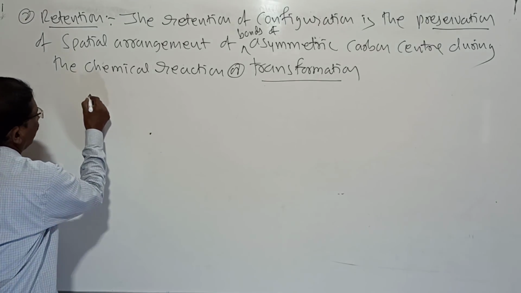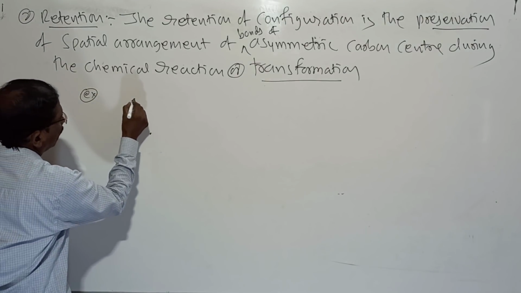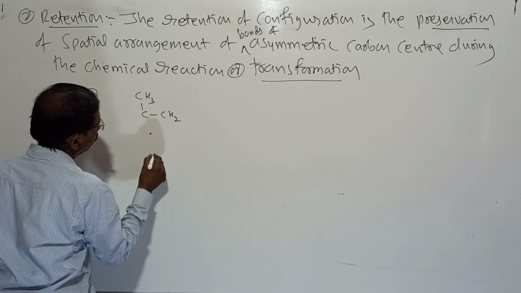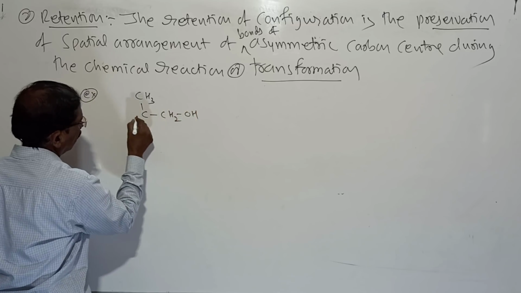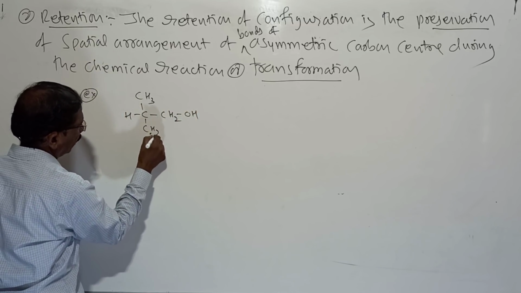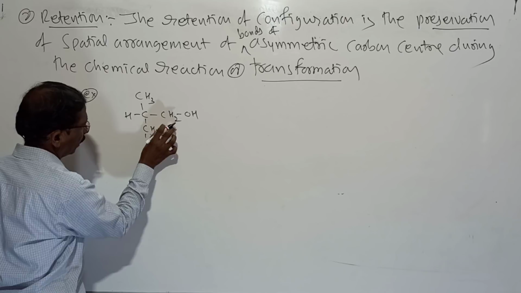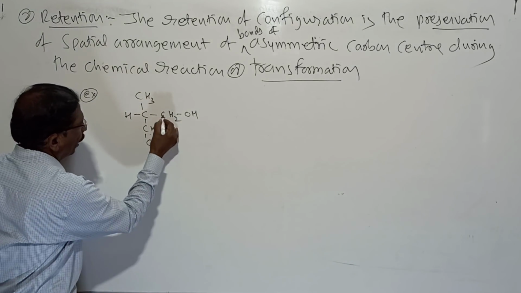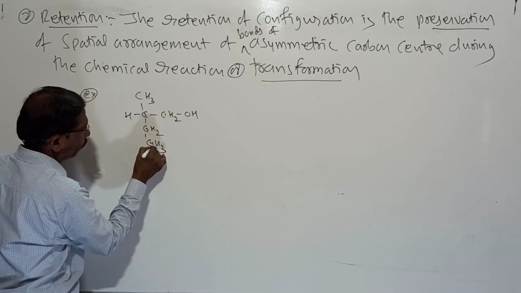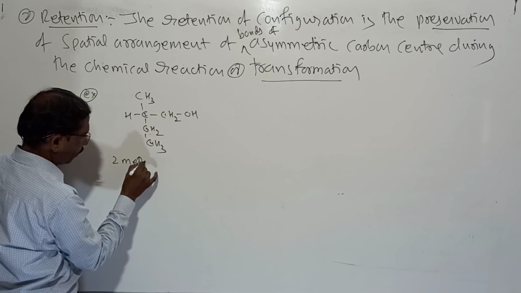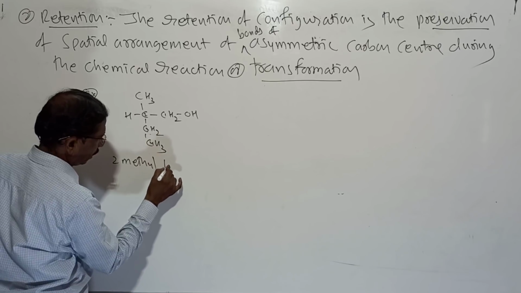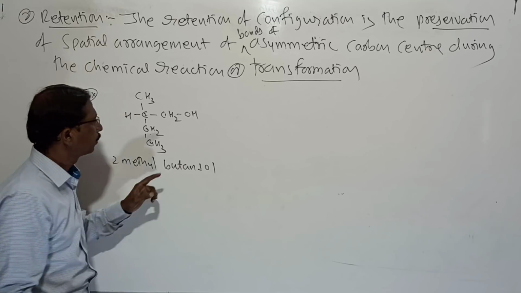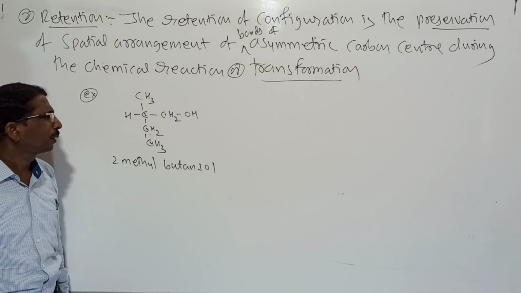Here I will give an example. I will write CH3, C, CH2OH, with H and CH2CH3. This is called 2-methylbutan-1-ol, the R form.